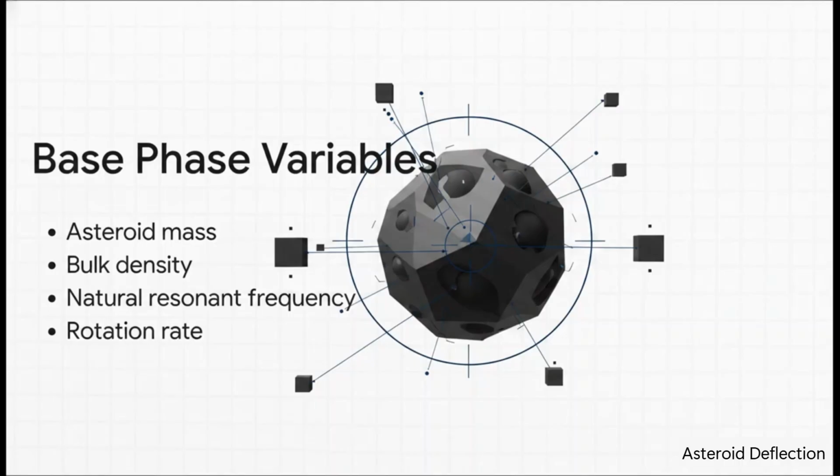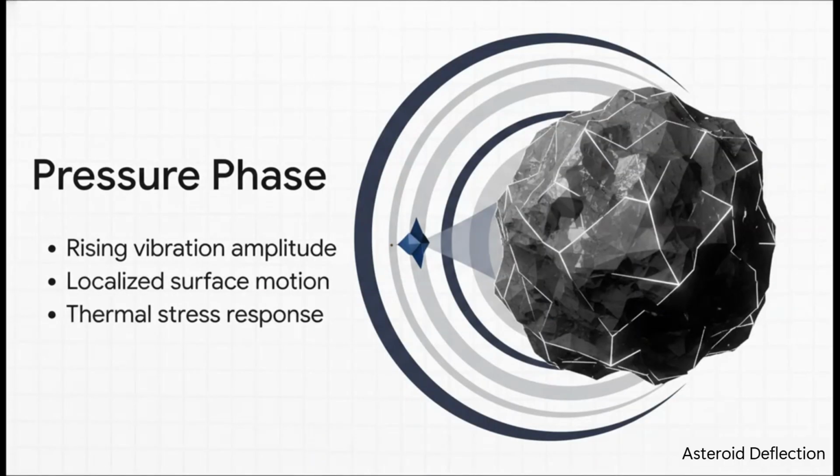We need to figure out its mass, its bulk density, how fast it's spinning, and most importantly, its natural resonant frequency. Because let's be real, you can't tune into a rhythm if you haven't figured out what that rhythm is yet. Once we have that, we move right into the pressure phase. This is where things get really interesting.